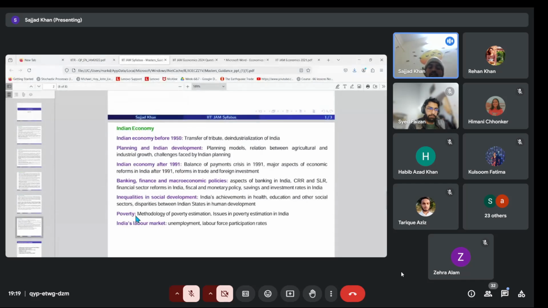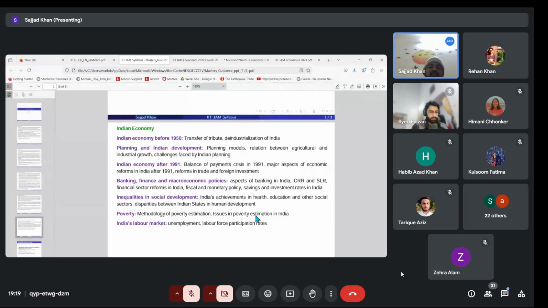Now, in poverty, they ask theoretical questions based on the committees' recommendations, the limit about nutrition, and different types of schemes started by the government. What were the recommendations in these? Theoretical questions will be asked, but it is very uncertain to predict what type of question will be asked.